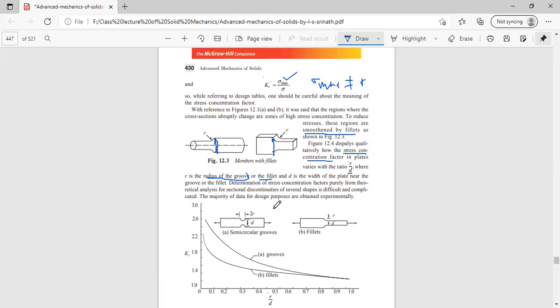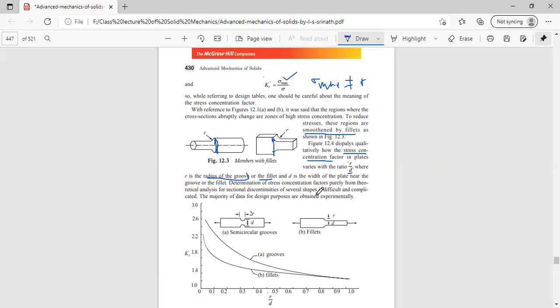Our discussion has changed a bit. We are now talking about the radius of the groove and the width of the plate nearest to the groove or the fillet itself.